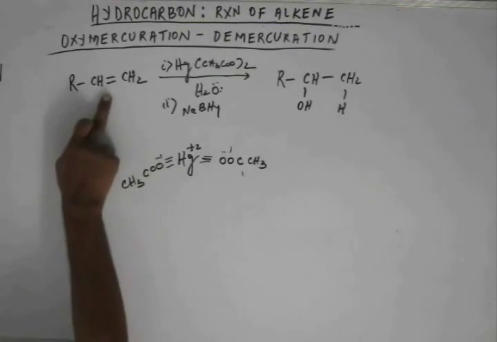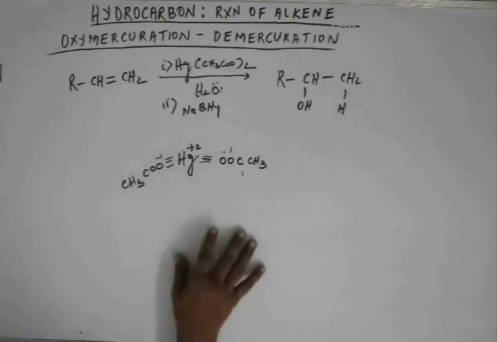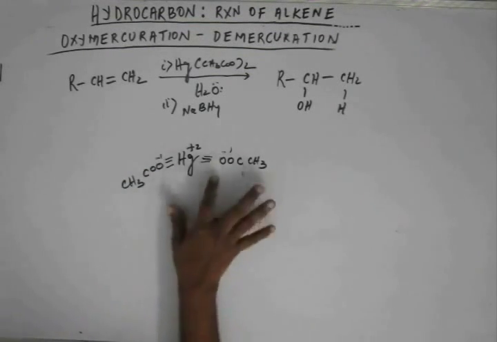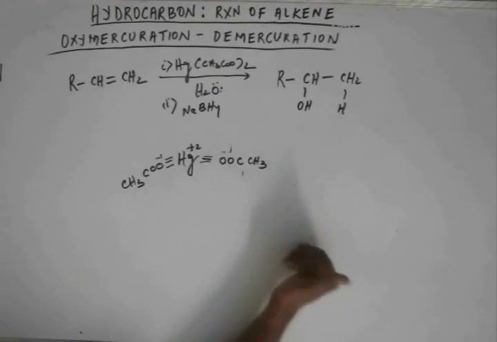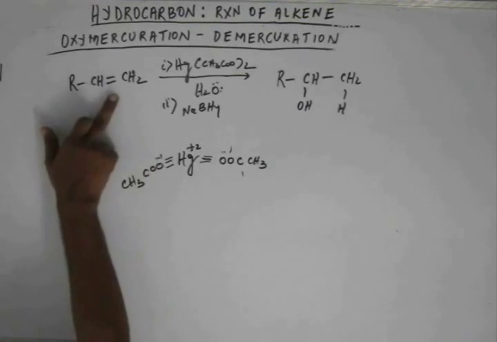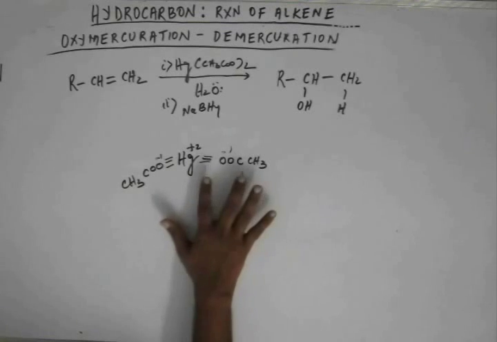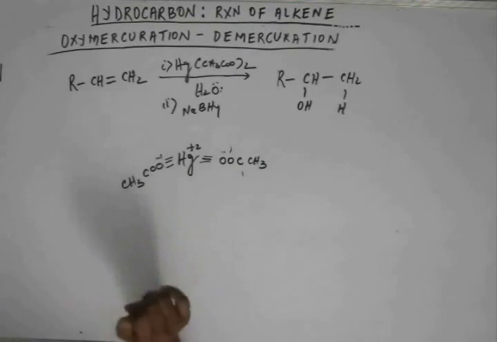Now as we have seen tons of times before, when mercury starts to form a bond with this carbon, when electron density from this alkene starts to get transferred into this orbital of mercuric ion, it has to break a previous bond, and one of the acetate ions has to go away. Gradually a bond will be forming between this alkene and this mercuric ion, and a bond would be breaking between acetate ion and mercuric ion.